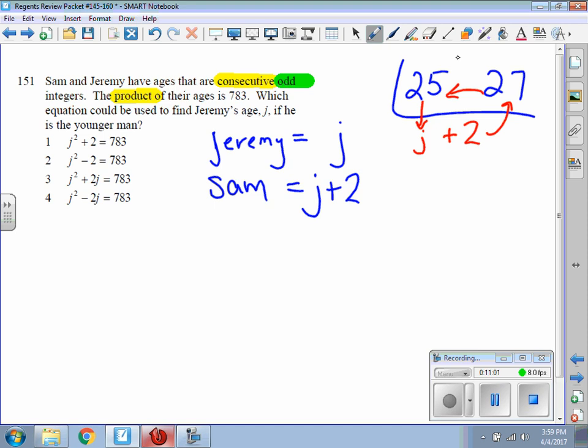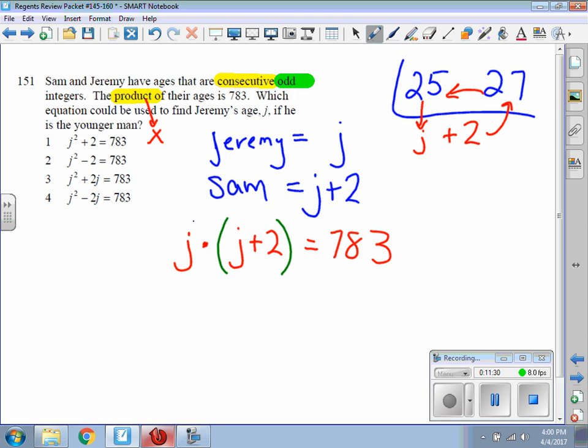Now I'm going to figure out what my answer is. All right, product. Product means multiply. If I take J and I multiply times J plus 2, wait, I have to multiply times everything that's J plus 2. I'm supposed to get 783. Okay, well, I take J and I multiply times J plus 2.